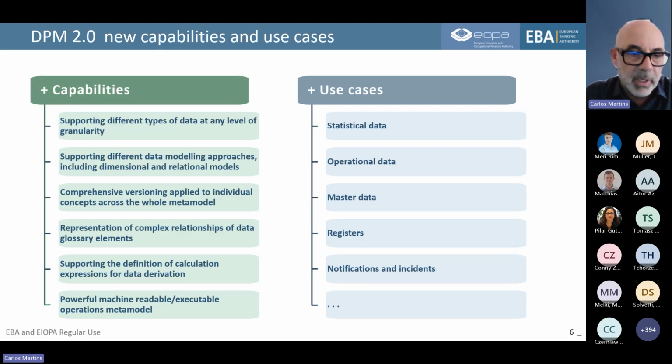And the metamodel for the operations is now a very powerful one and machine readable. So the use cases can therefore extend. New use cases that we envisage are statistical data, operational data, master data, registers, notifications and incidents, and many more possible use cases.